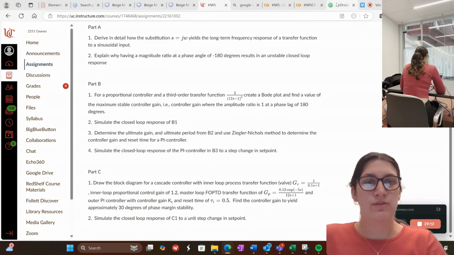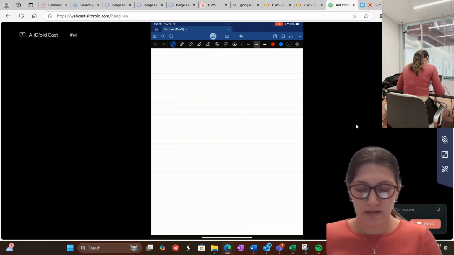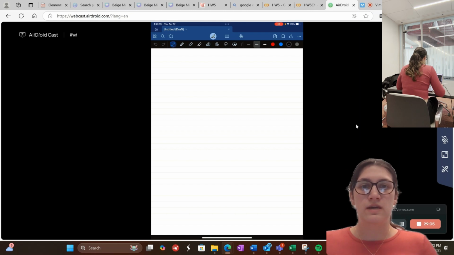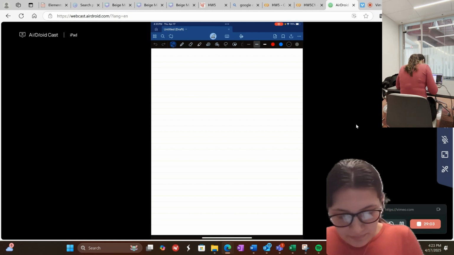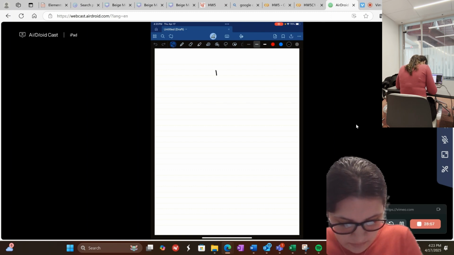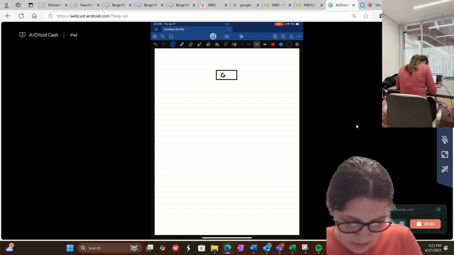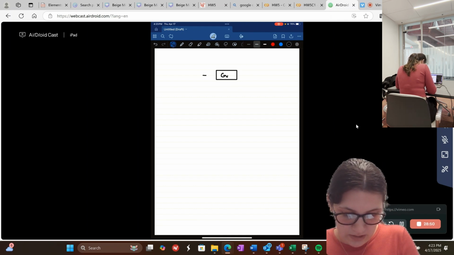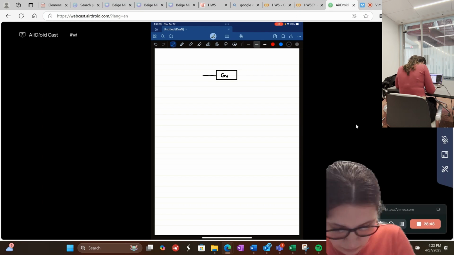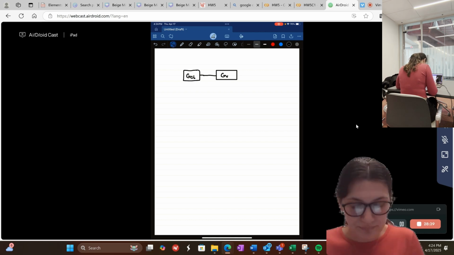So to start out with, we are going to draw our block diagram. I'm going to start with the inner loop. As usual, we're going to have a transfer function. That's our first block, and this was GV. Just like normal, before that you have your controller gain, and this will be GCI for inner.